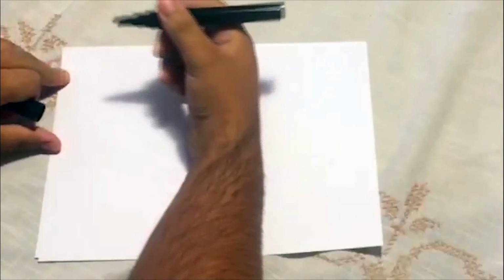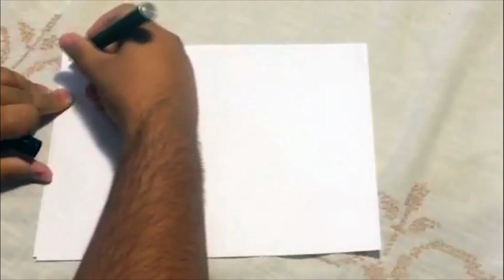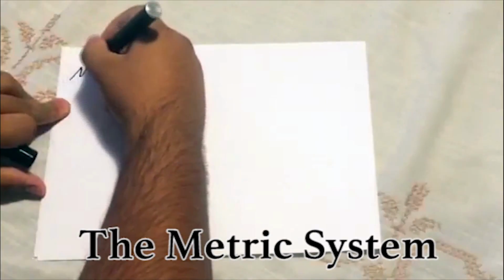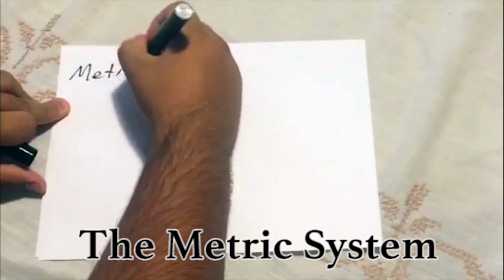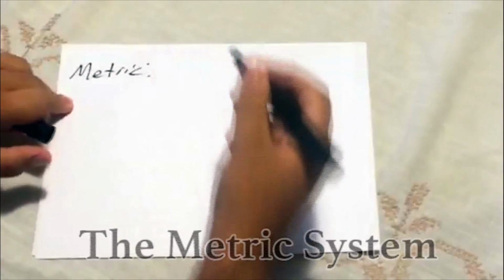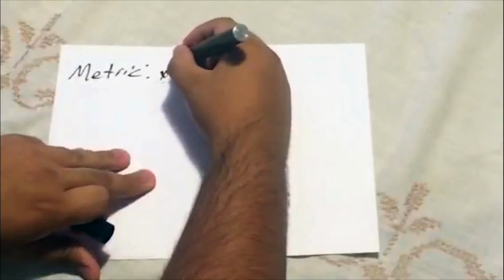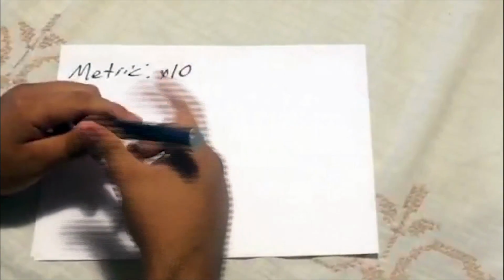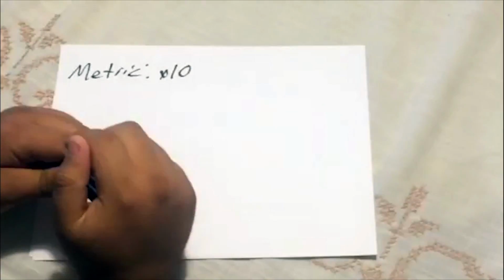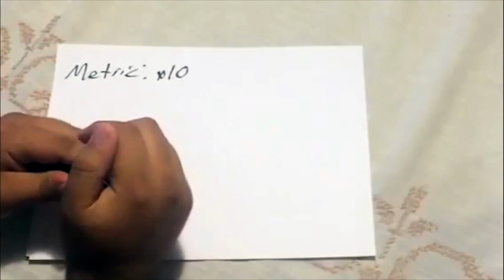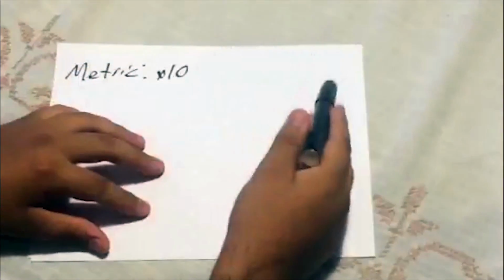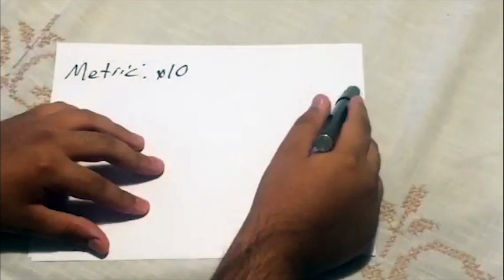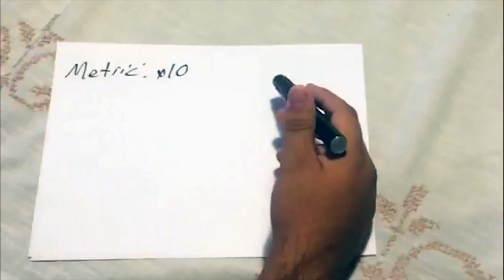First, there's the most basic and most used, and in my opinion, the easiest, the metric system. The metric system is based off multiples of 10, which means if you start in one unit, it only takes you a few multiples of 10 to get to the unit that you desire. Either multiples of 10 or you're dividing it.